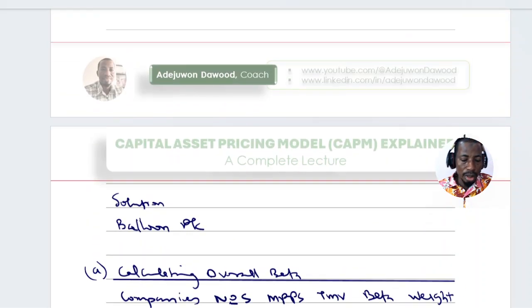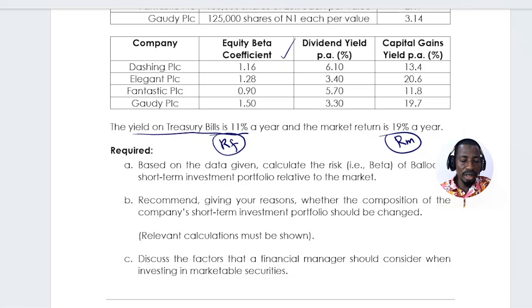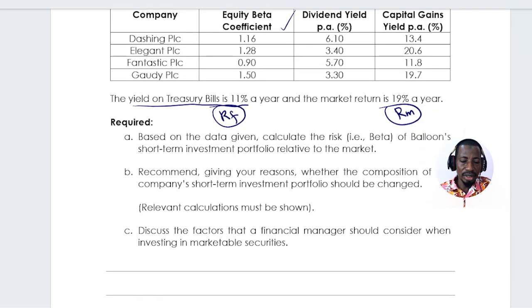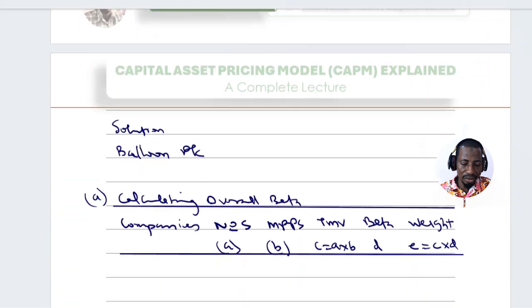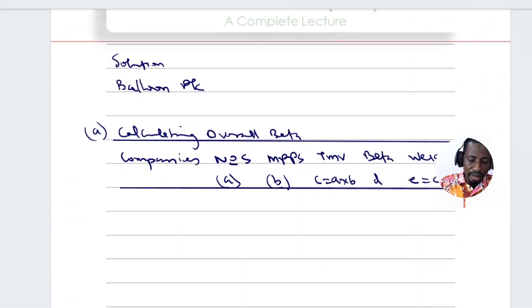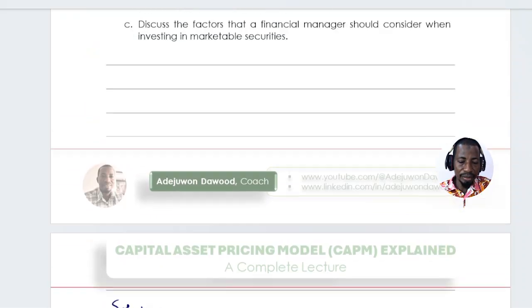So, according to the question, the name of the companies invested include Dashing PLC, Elegant PLC, Fantastic PLC, and Gaudy PLC. So let's represent them in letter. That will save time. So here is Dashing, Elegant, Fantastic, and the Gaudy PLC. Number of shares in each of them.